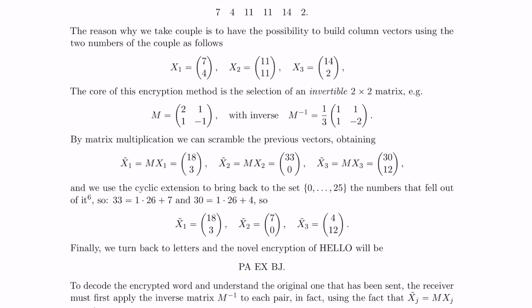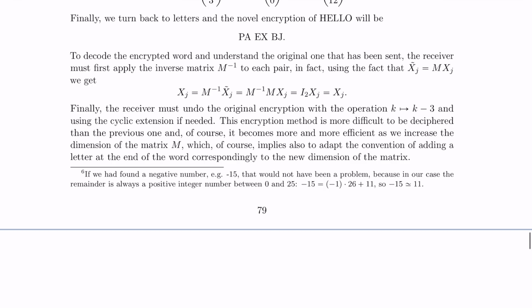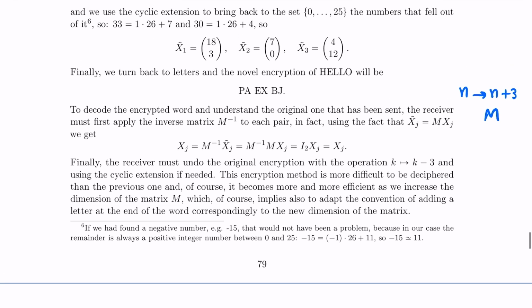Now you send this word to your friend, and imagine that you have communicated to your friend only the encryption technique n goes to n+3 and the matrix M. What your friend will do is to extract these vectors from these couples, like this, and apply to all of them the inverse of the matrix M.